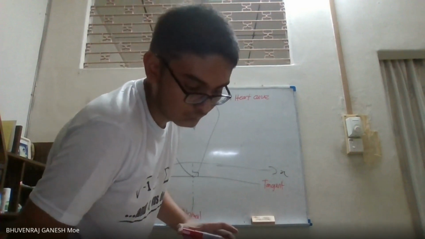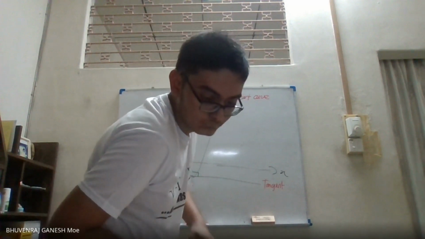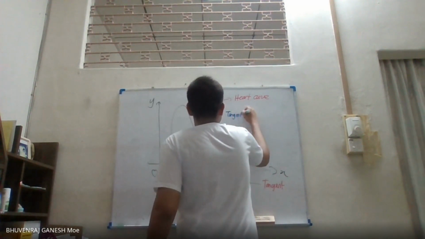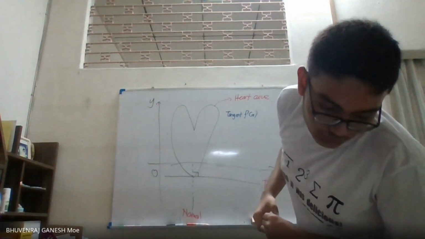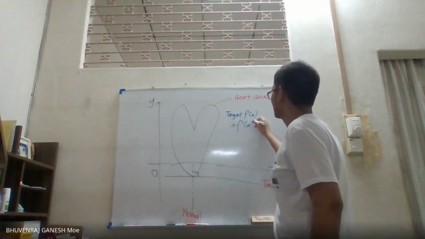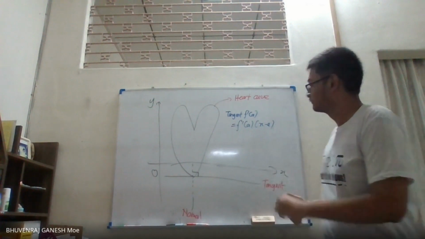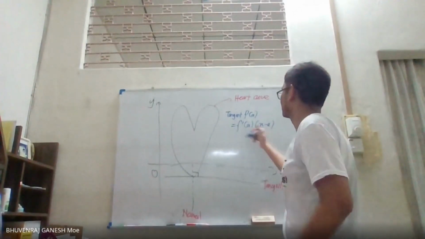So yeah. So if you want to see the formula, tangent, you will do f prime a. A is like your x one. Tangent will be y minus f a equals f prime a times x minus a, means you will differentiate the equation, f prime a, x minus a. Means you have to minus the x power by 1. Okay. So if normal means it's inverse of this one.